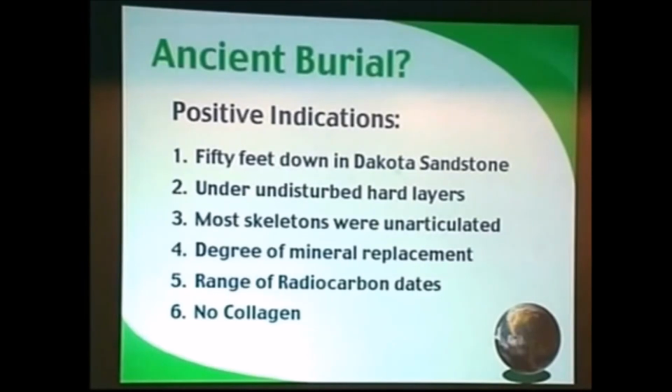But here, together, under the hard layers, buried in the catastrophe, would be the kind of thing we'd expect. Some articulated, perhaps, most unarticulated. The fact that there's no collagen and the range of radiocarbon dates is exactly what we would predict. That model fits. A catastrophic ancient burial, not recent, fits this picture.